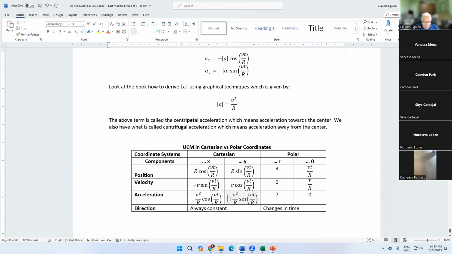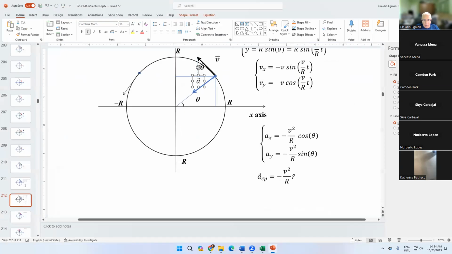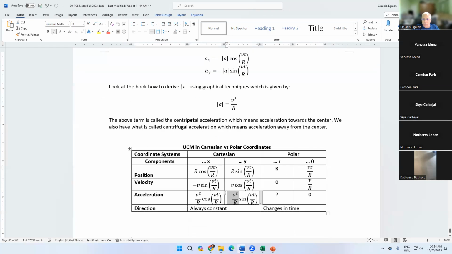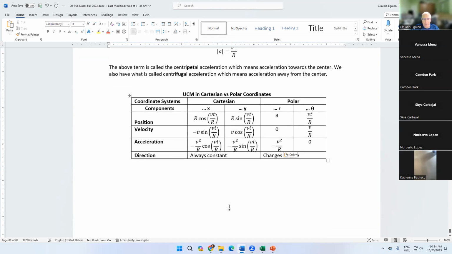And by the way, going back here, I told you that there is just a radial component for the acceleration. Consequently, this radial component of the acceleration is going to be V squared over R with a negative sign. And always remember, X hat and Y hat are constant, but R hat and theta hat are not constant.